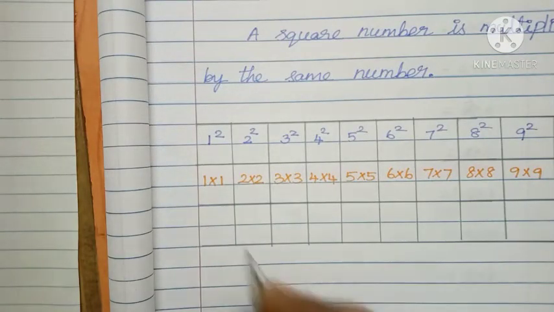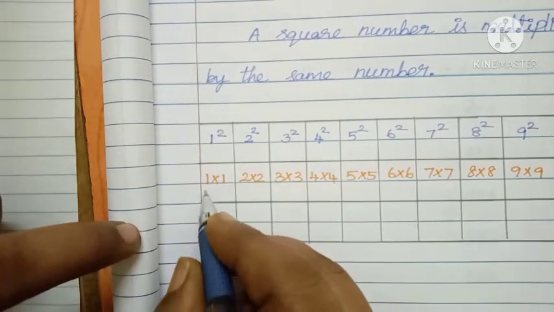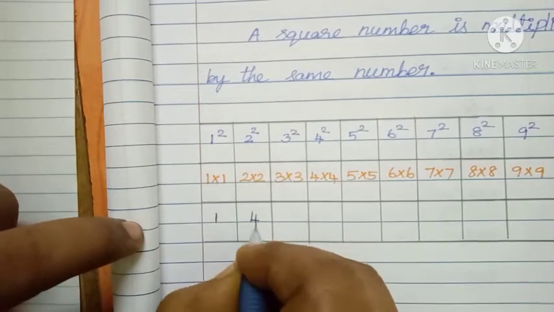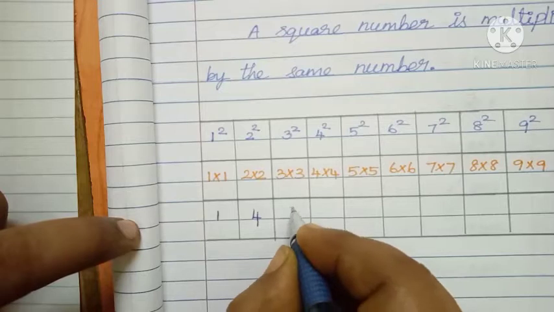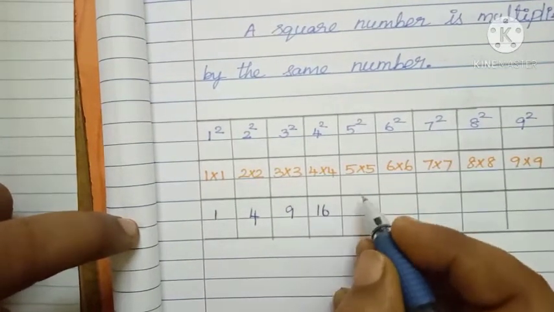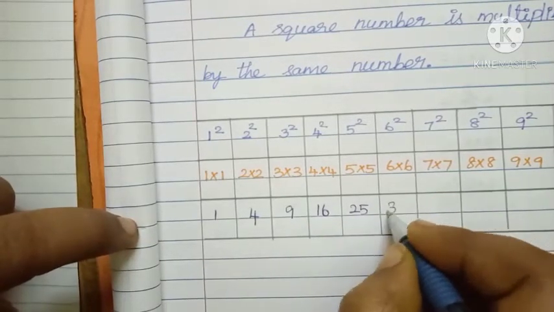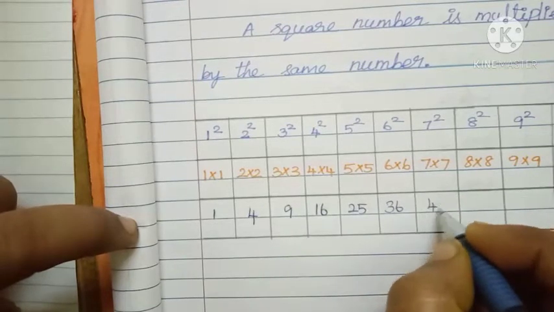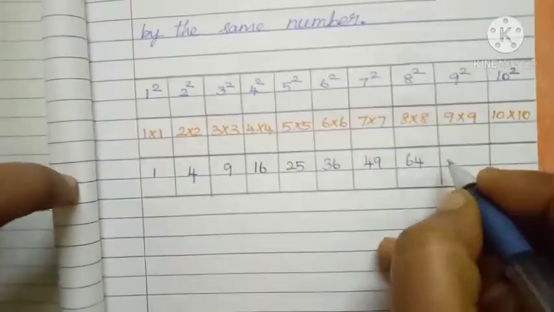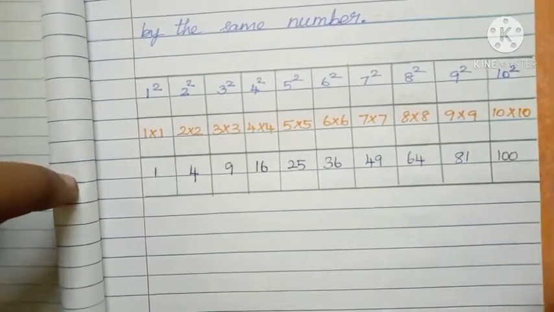Ready to say the answer? Already you studied the tables. You ready to say now? 1 one is 1. 2 twos are 4. 3 threes are 9. 4 fours are 16. 5 fives are 25. 6 sixes are 36. 7 sevens are 49. 8 eights are 64. 9 nines are 81. 10 tens are 100.